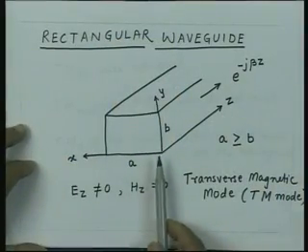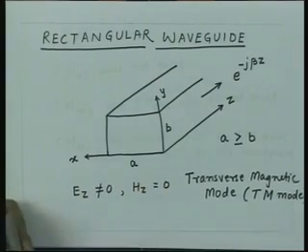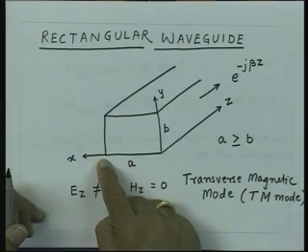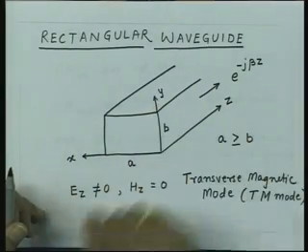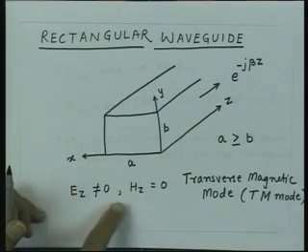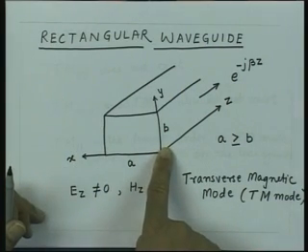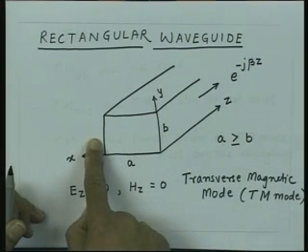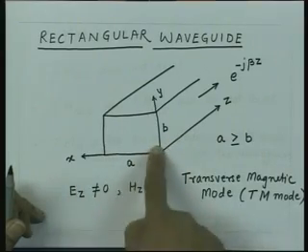Since the indices m and n tell the half cycle variation along the x and y direction respectively, when m is 0, there is no variation of the field along x direction. When n is 0, there is no variation of the field along y direction, but the field has to be 0 here. This is Ez component, so it has to be 0 here, it has to be 0 here, and there should not be any variation in the x direction if m is equal to 0. That is only possible provided the field is identically 0 everywhere.